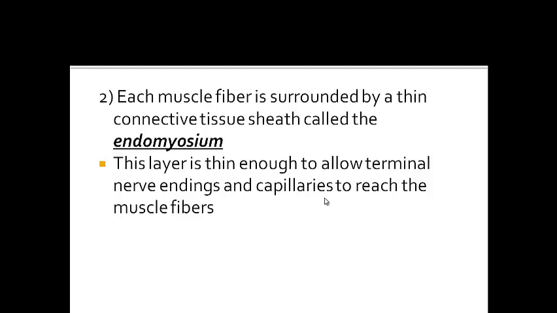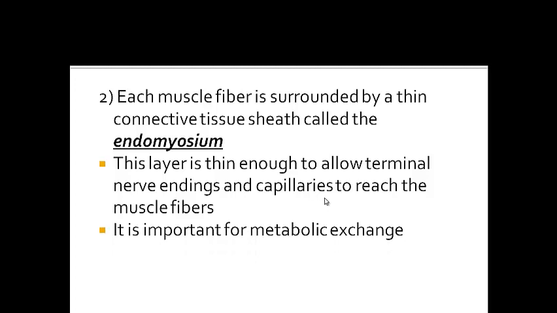The artery will become an arteriole, and then you've got the capillaries, and the capillaries are the ones that reach the innermost part of the organ. So since the muscle fiber is surrounded by a connective tissue layer, this layer needs to be thin enough in order to allow those capillaries to reach the muscle fiber.